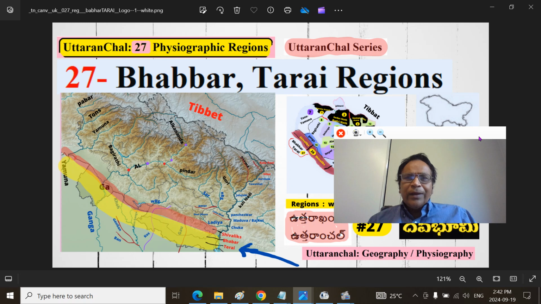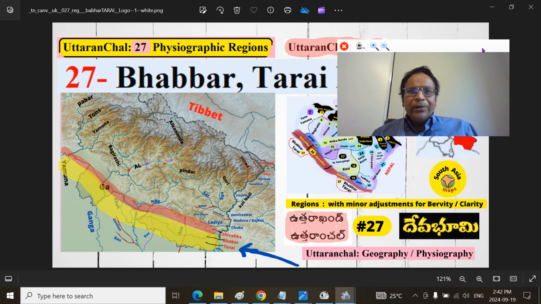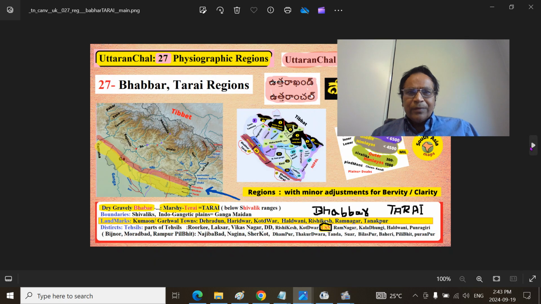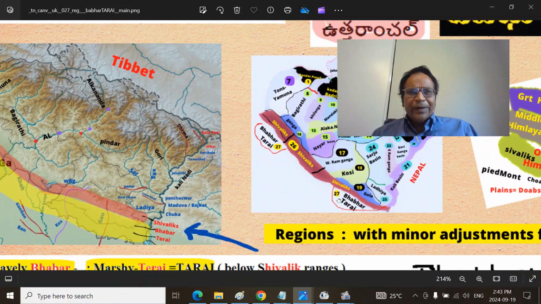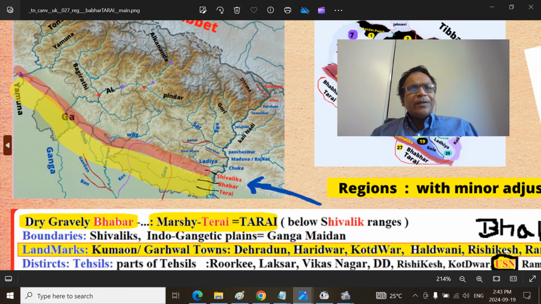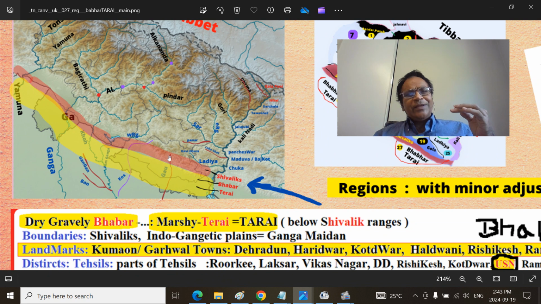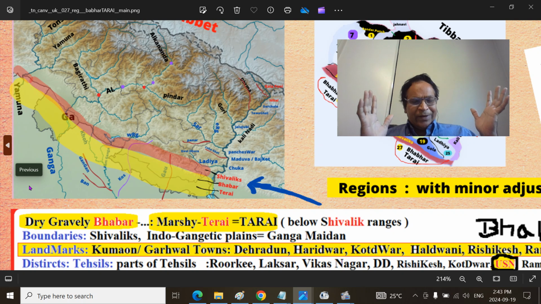Yeah, this is the Tarai region. It's essentially the same map. So this reddish or pinkish one is the Shivalik mountains. That means if you say Ganga Maidan, Delhi is around about 250 meters. That's the Ganga Maidan.